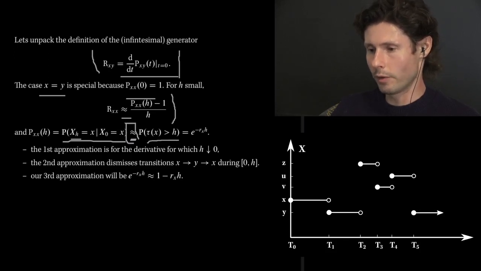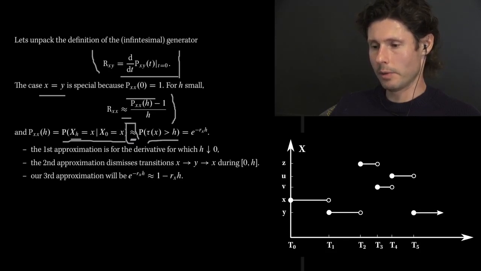We could have waited for longer than h, which means that tau, which is the exponential waiting time in state x, is greater than h. And this is just the survival time of an exponential given by e to the minus r_x h. r_x is the rate of that particular state.